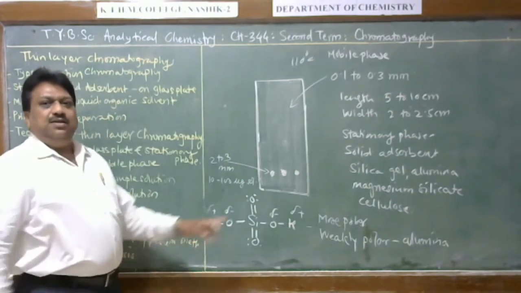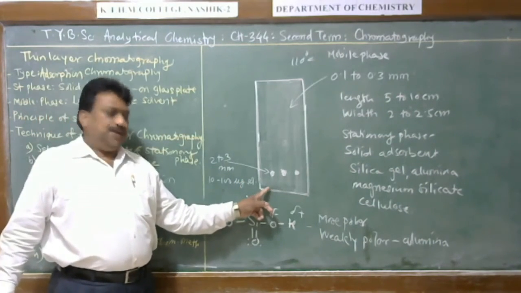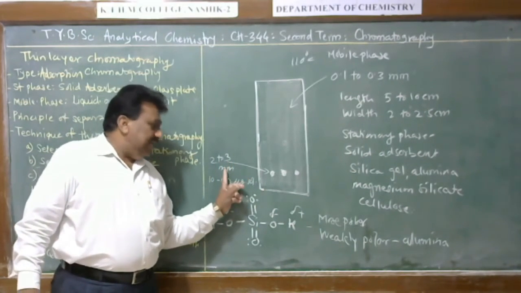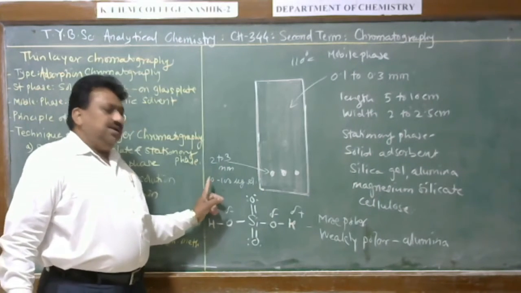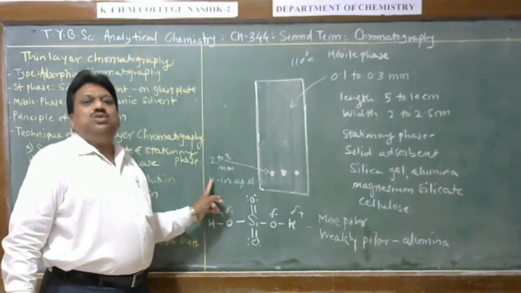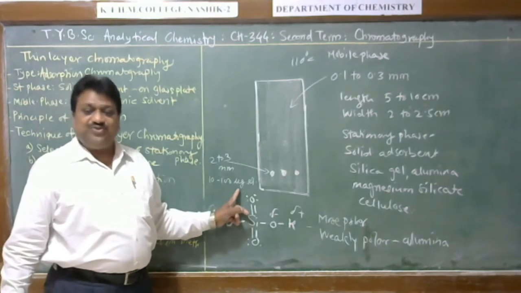Therefore, this spot having a size of about 2 to 3 millimeter has a capacity to contain about 10 to 100 microgram of solid.